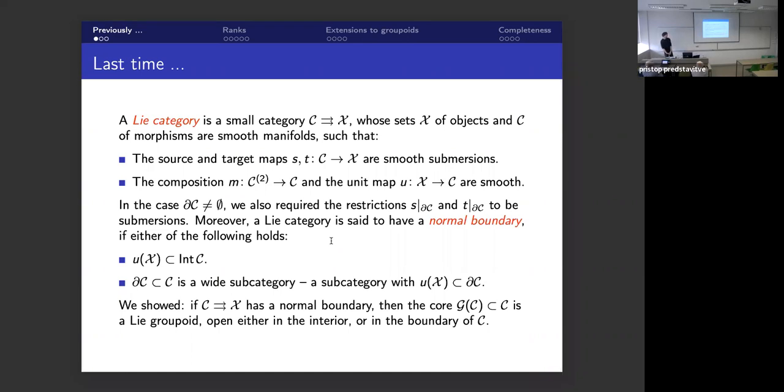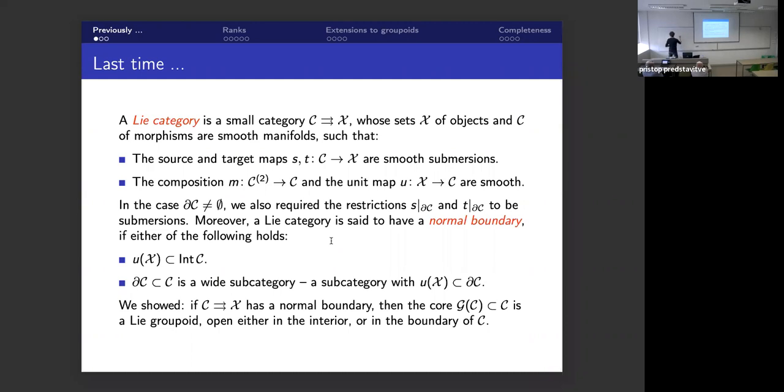And in the second case, it's going to be open in the boundary of the space. The core is just the set of all invertible arrows of the category.